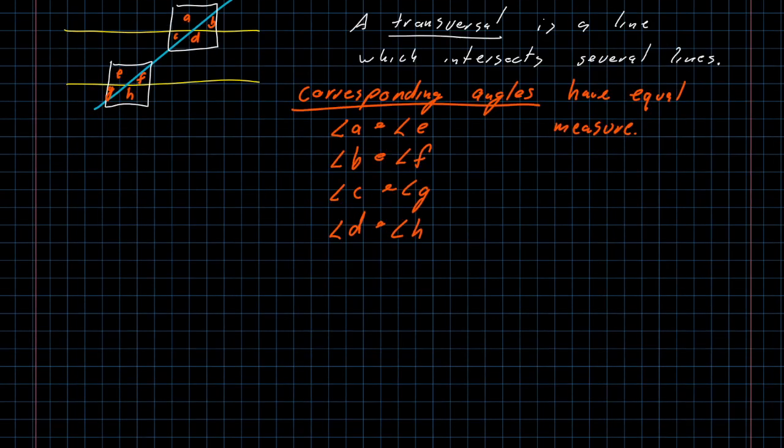All told, in the picture of two parallel lines cut by a transversal, and I'm just going to draw it in a different orientation to get you accustomed to thinking about parallel lines in all sorts of different directions. Here I have another two parallel lines cut by a transversal.